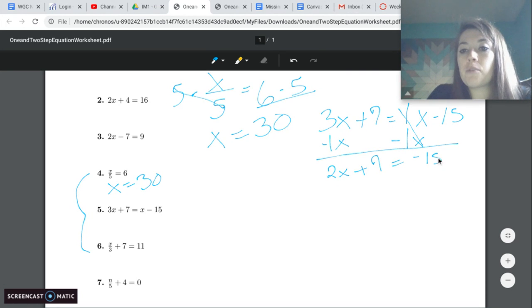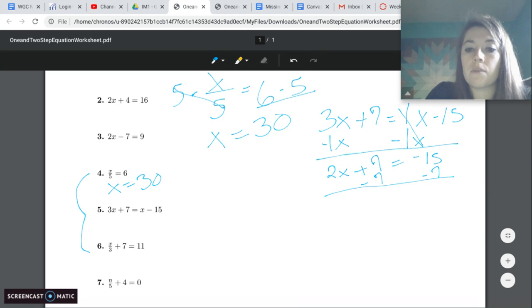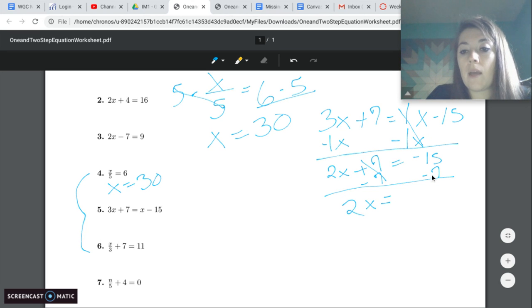Now, we're going to subtract 7, because we need to get our constants to the same side. We subtract the 7 because in the original it's positive, and to undo that, we need to do the negative. So now we have 2x equals, negative 15 minus 7 is negative 22.